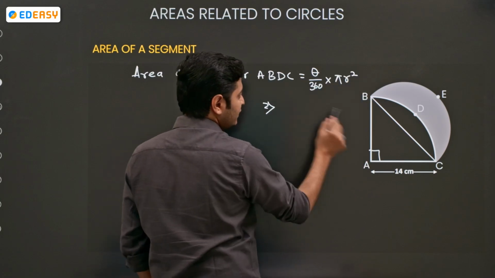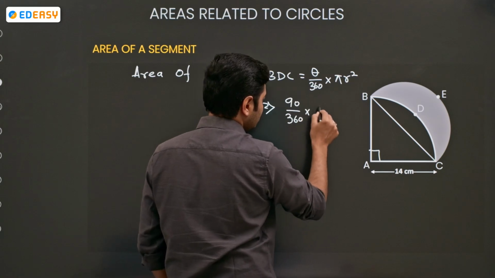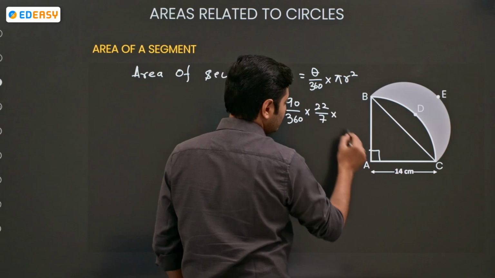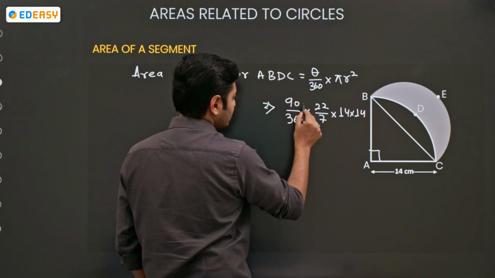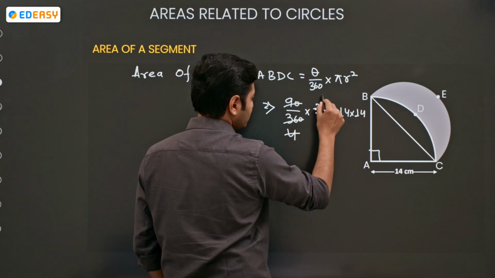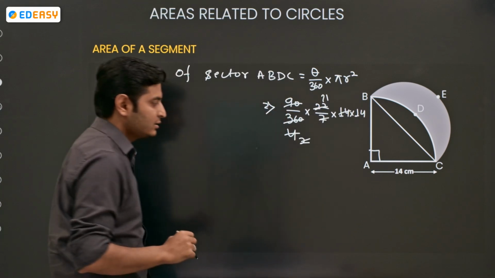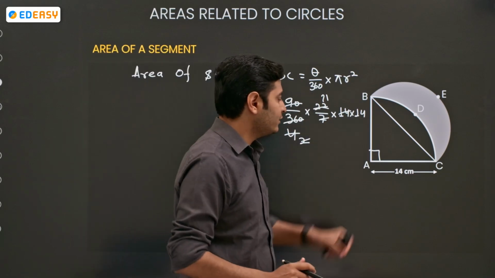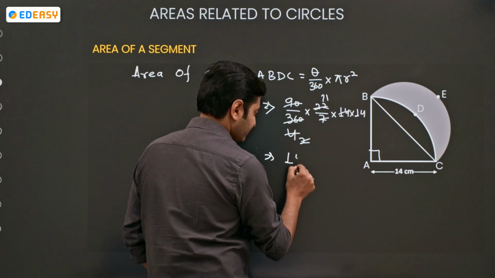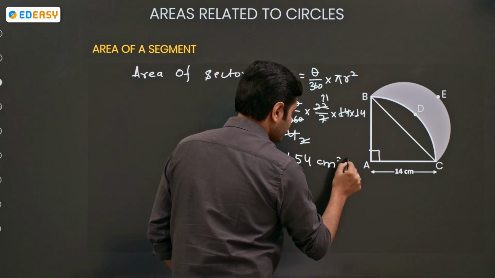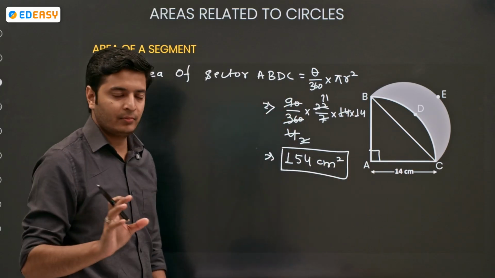Now theta is 90 degrees, so 90 by 360 into 22 by 7, r is 14 into 14. 4, 11, 2, 2 and 7 can eliminate this 14. So what are we left with? 11 into 14. What is 11 into 14? 154 centimeter square. Now we have the area of this quadrant or this sector, correct?